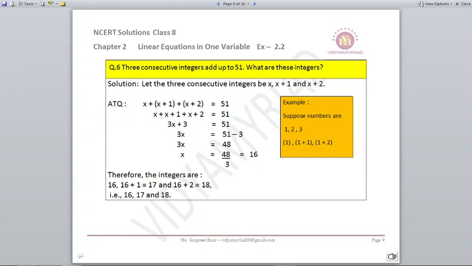That is 3x plus 3 is equal to 51. Solve it. x comes out to be 16. Now 16 is your first number. Which is your second number? 16 plus 1, 17. Which is your third number? 16 plus 2 is equal to 18. So the three consecutive integers are 16, 17 and 18.